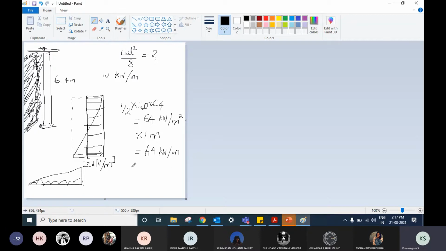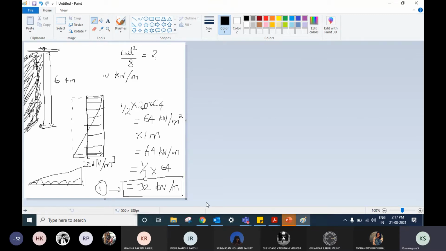Okay, that's the basic funda I'm taking. So half of that, it's 32 kilonewton per meter uniformly distributed load instead of uniformly varying load, which had a maximum intensity at its bottom, for simplicity purpose. Okay, this is one of the loads, one of the UDL.